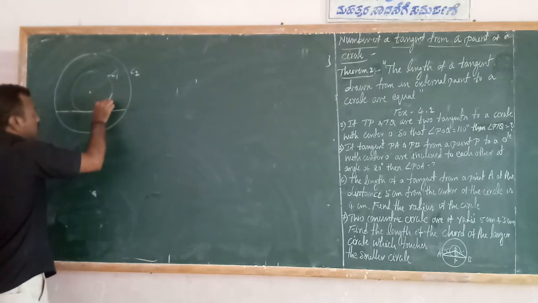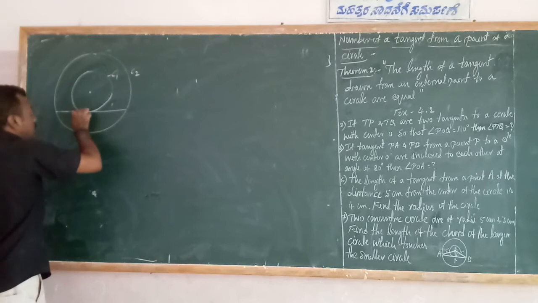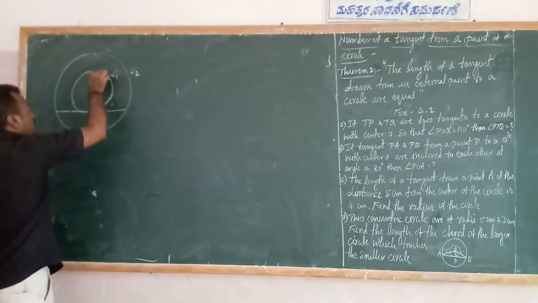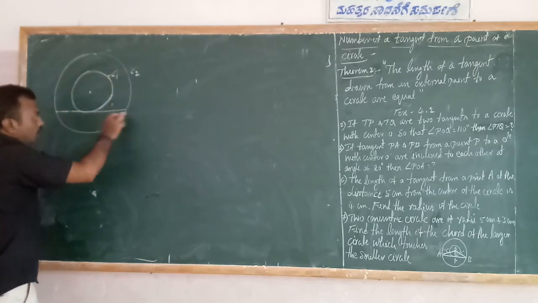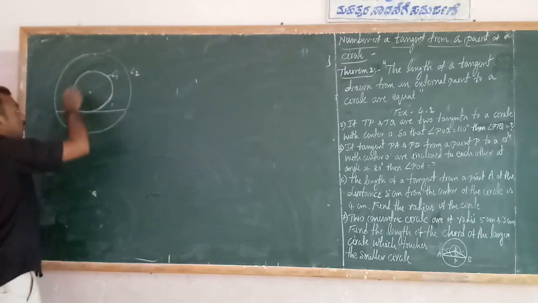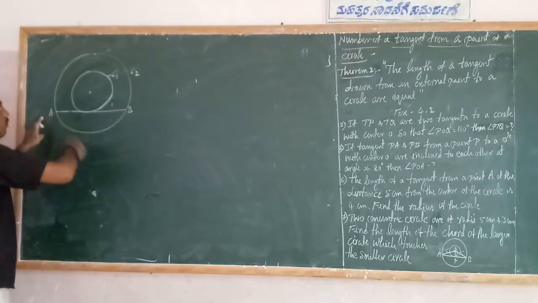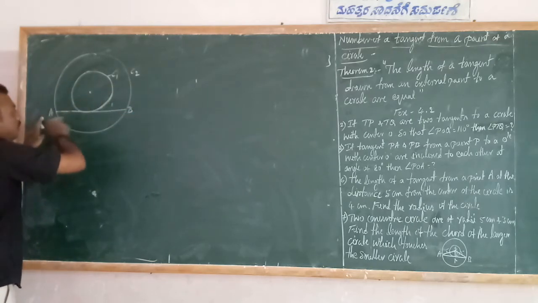This is the smaller circle. The length of the chord of the larger circle touches the smaller circle. I am taking this as AB. So AB is a chord of the larger circle and AB is a tangent of the smaller circle.